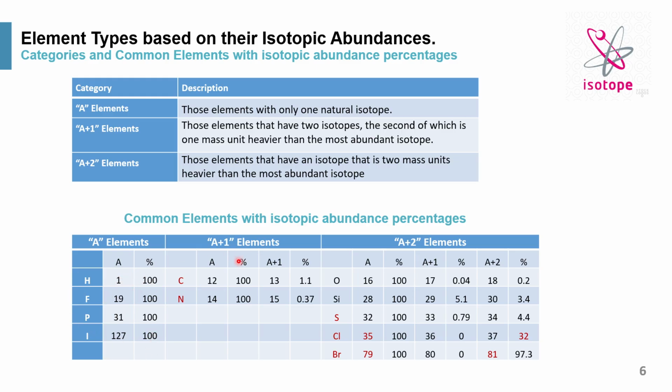Versus A+1 elements, where they have A+1 with some natural abundances, such as carbon and nitrogen. Versus A+2, there are a few common ones, oxygen, silicon, sulfur, chlorine, and bromine.